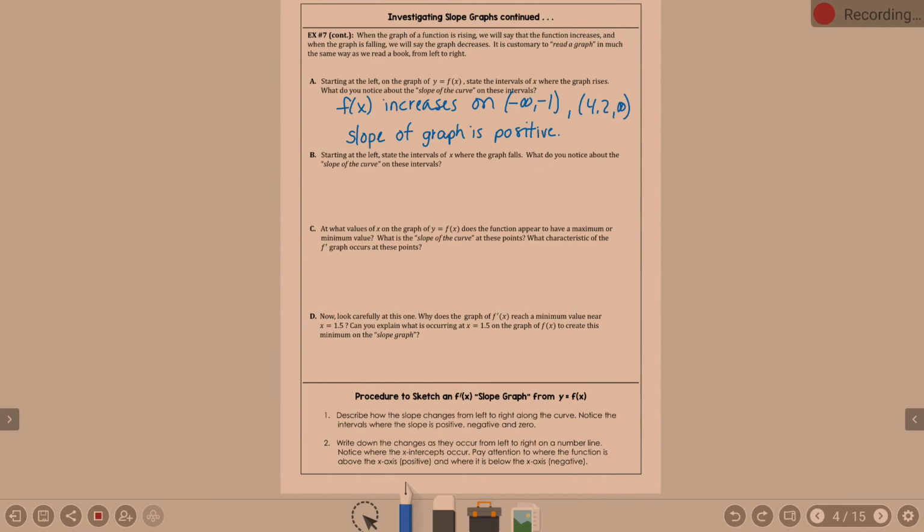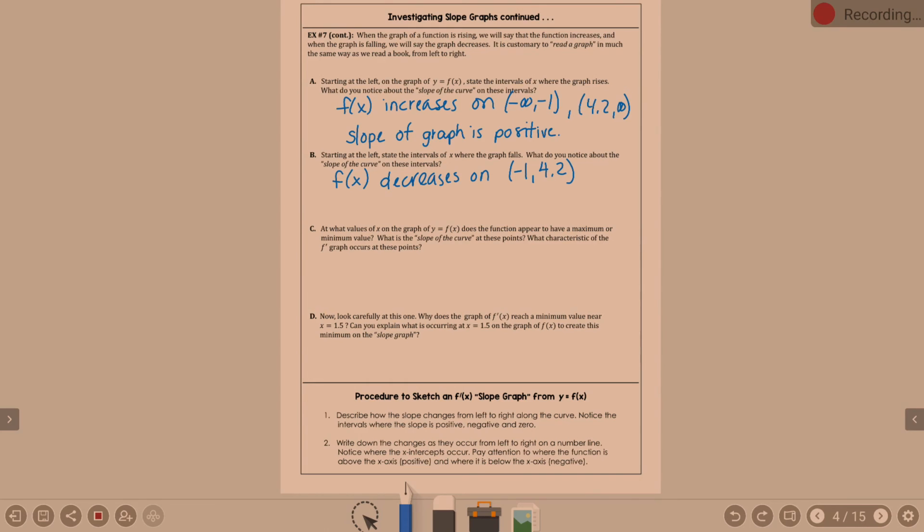Now, starting at the left, state the intervals of x where the graph falls. What do you notice about the slope of the curve on these intervals? When does f of x decrease? Negative 1 to 4, 4.2, whatever you have.